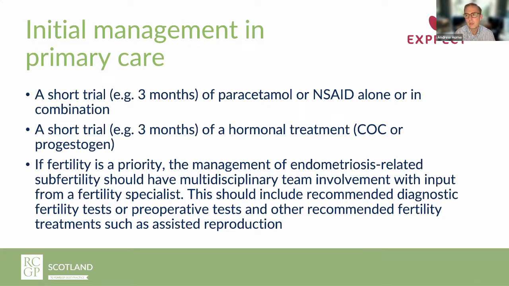And this could be in the form of a non-steroidal anti-inflammatory drug for 3 months, or any hormonal treatment, the combined pill or progestogen for 3 months. The important thing is, of course, to give them the option of an immediate referral to secondary care for further investigation. But the other thing that's important is that if these trials aren't effective, again, to consider referring them to secondary care. And again, this is published in the NICE guidance.